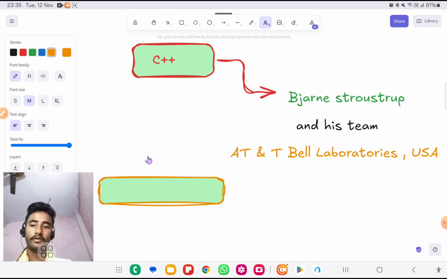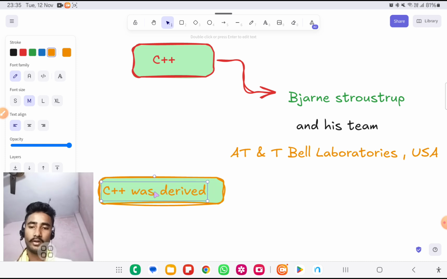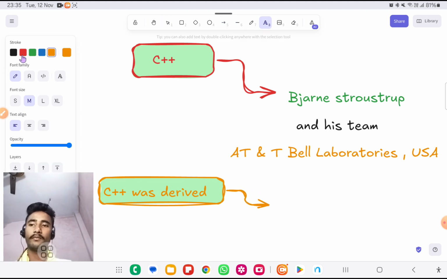Next, C++ was derived from C language, the C programming language.